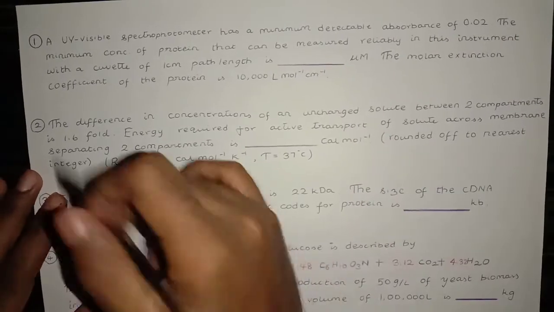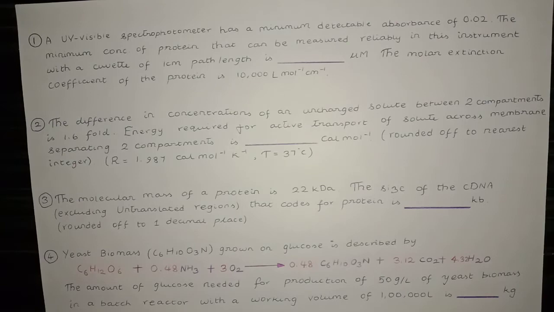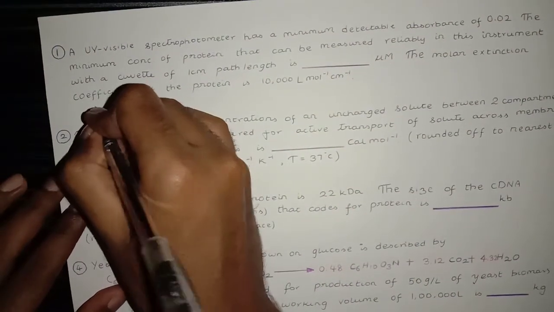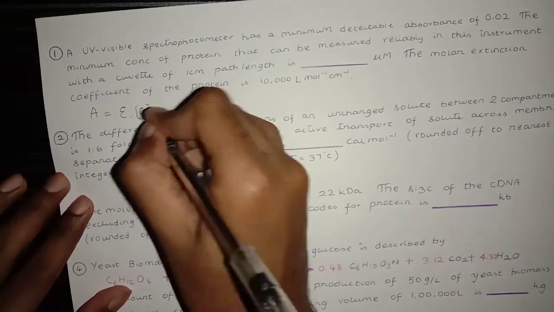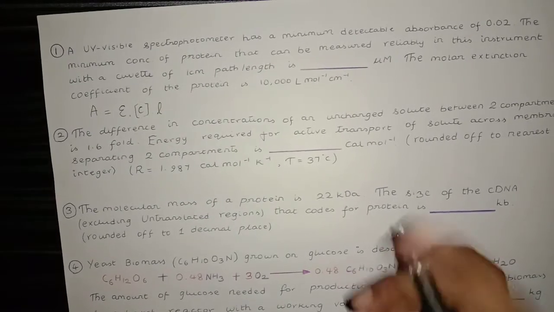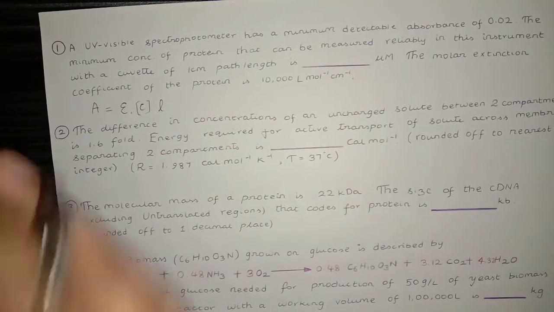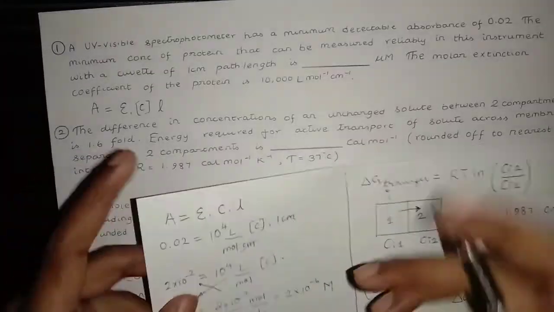So we end by writing down the formula and the answer we found. So for the first question we use the Lambert-Beer law: A is equal to epsilon times concentration times path length, and we got an answer of 2 micromolar.